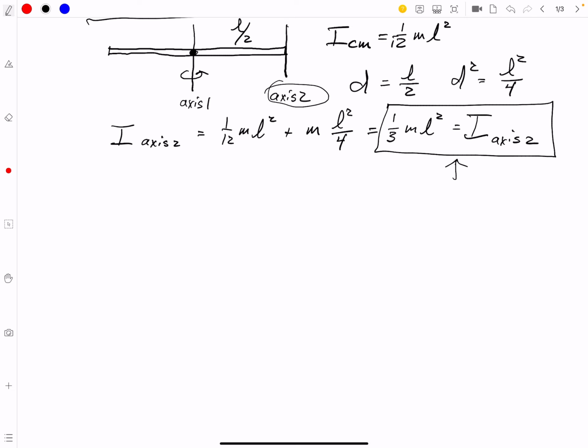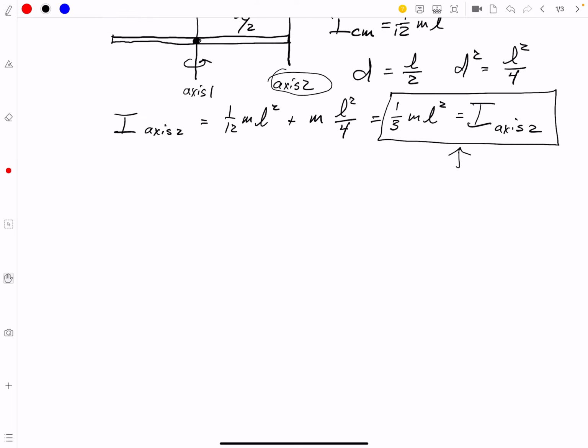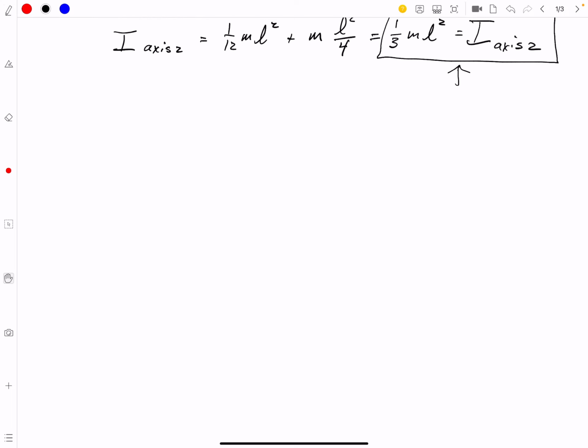Let's move on to torque. So torque. Torque has a lot of ways that we can write about it. Torque equals, the net torque equals I alpha.